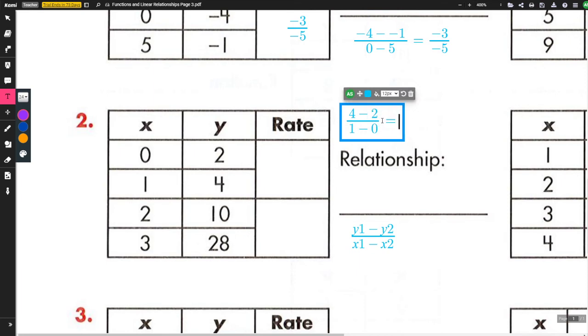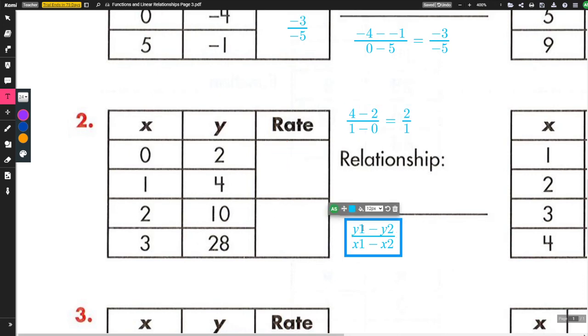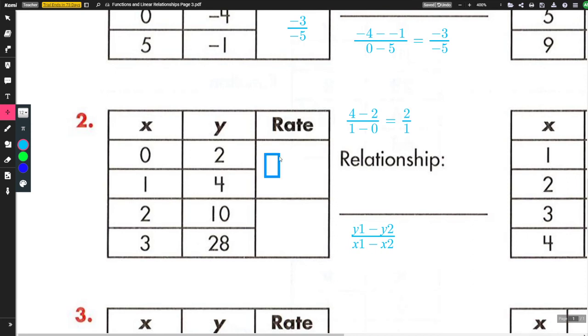Okay, this one's pretty simple. 4 minus 2 is 2. 1 minus 0 is 1. This can be simplified to just 2, just to let you know. So I'll put it down. So this can be 2/1, which equals 2. Anytime a number is over 1, it's just the number on top.